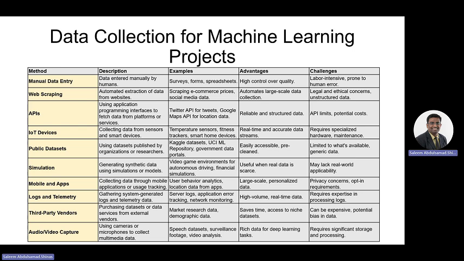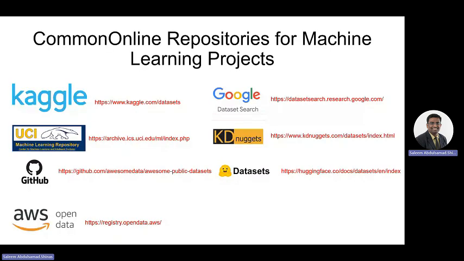What are the common public repositories available? The most common are Google and UCI. Most researchers collect data from Google and UCI, and they can also post their own data sets there. Recently GitHub has also become popular, and many people post their projects on GitHub.